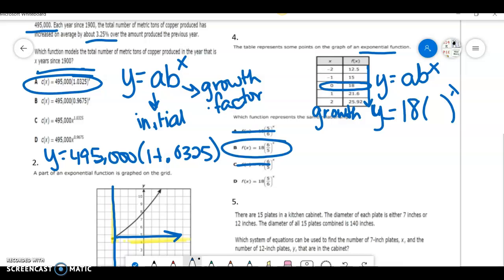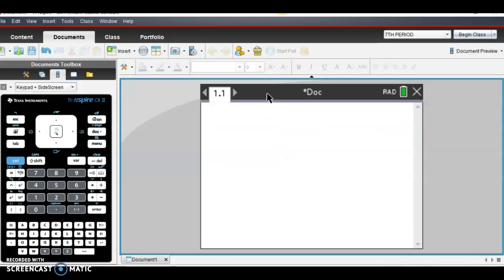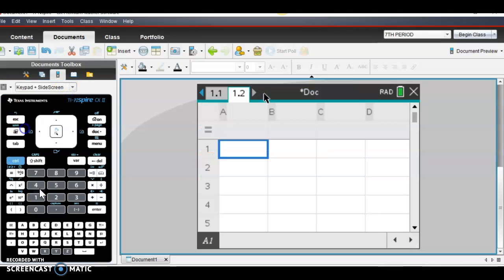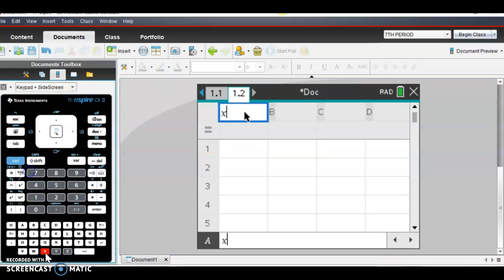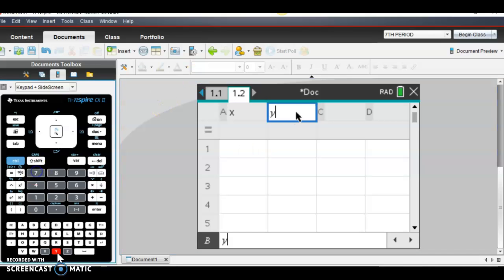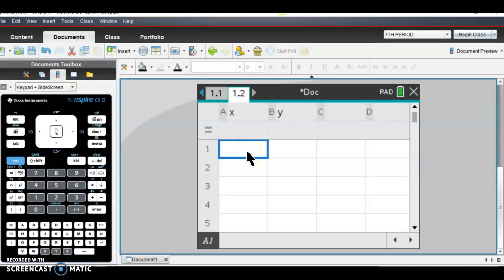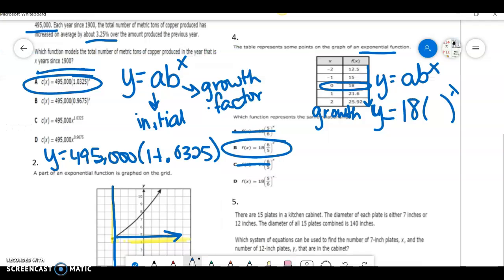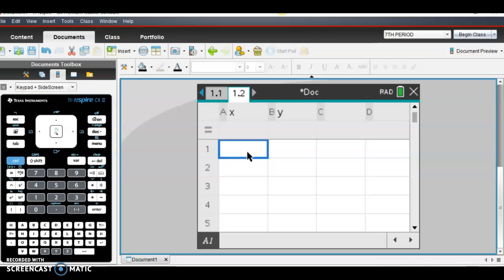Now, I do want to refresh you on putting this in the calculator. So I'm going to open up a list and spreadsheet. And then we're going to put in those numbers. So I had -2 to +2.